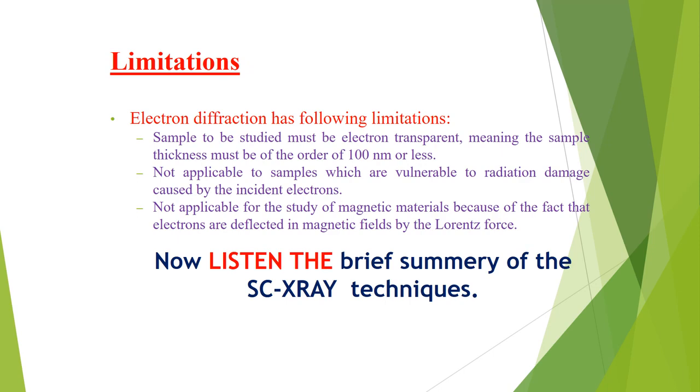Generally used X-ray sources in X-ray diffraction technique, and depending on the type of sample, three techniques are used in XRD laboratories. One is powder XRD analysis, second is thin film XRD analysis, and third is single crystal XRD analysis.